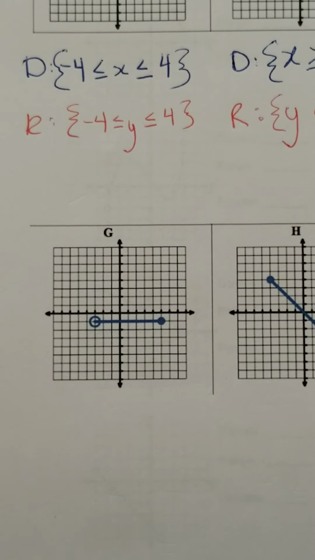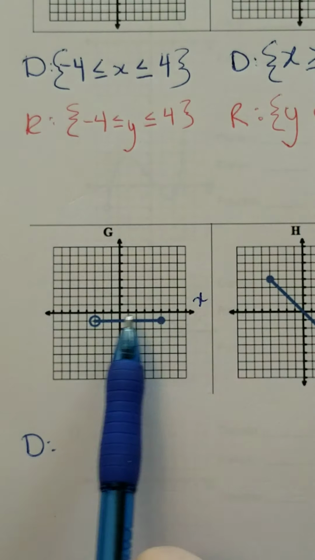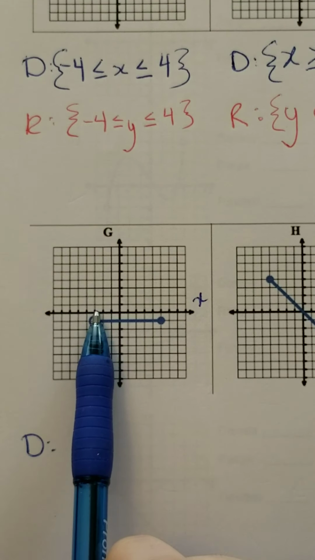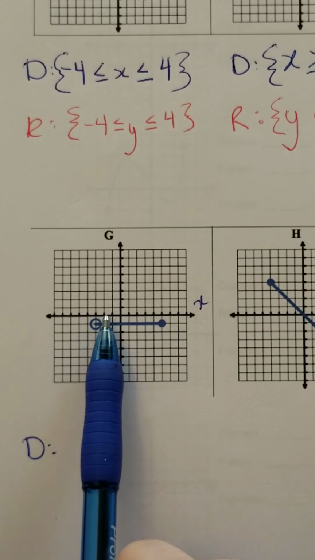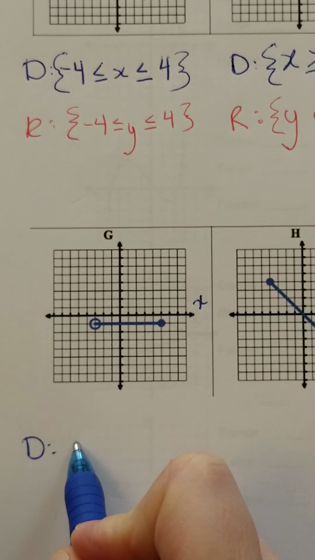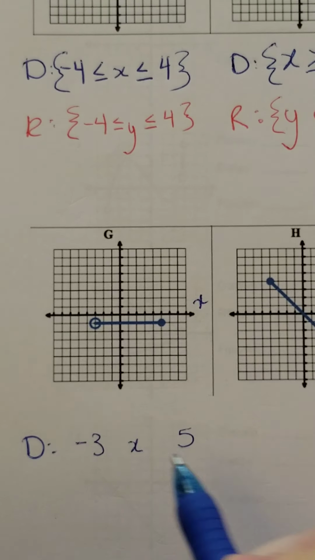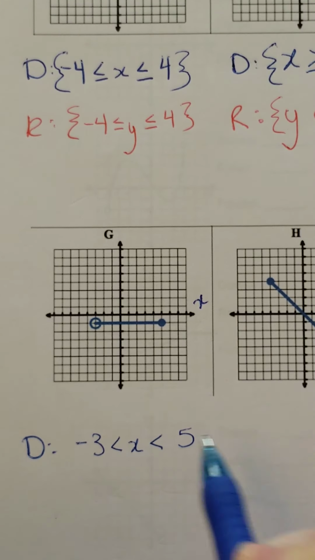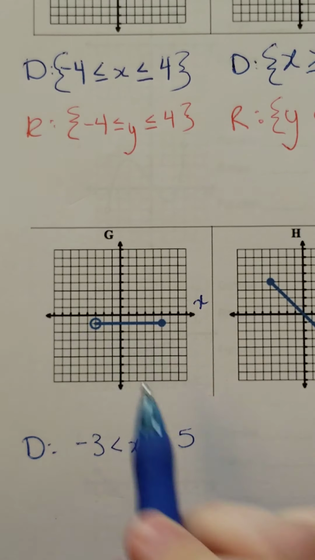Okay. So for my domain, my x values, how far left? That is -1, -2, -3. And how far right? 1, 2, 3, 4, 5. So I go from -3 to 5. -3 to 5. X in the middle. I always put my symbols in that direction. I do not have an equal sign at the -3 because it's an open circle.